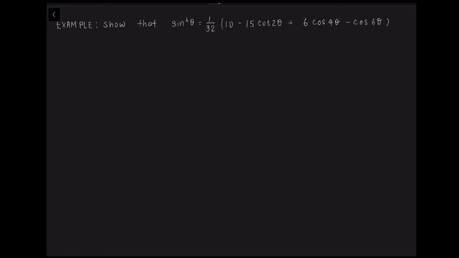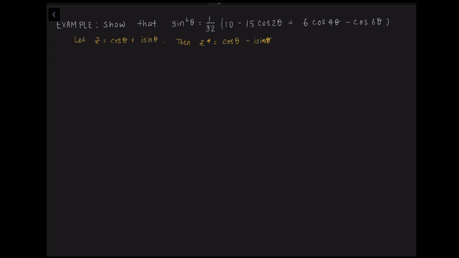So, we first let z equals cos theta plus i sine theta, while z star, its conjugate, equals cos theta minus i sine theta. So z minus z star, if you see closely, we obtain 2i sine theta.